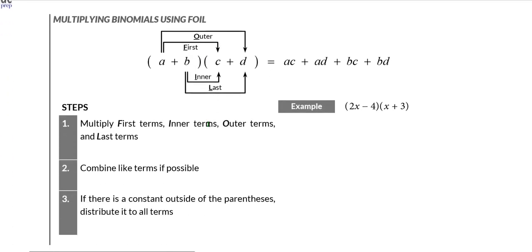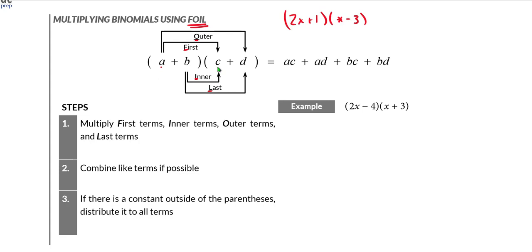So how do we multiply binomials? A binomial is just something made up of two terms that are added or subtracted, like a lot of the stuff that we've been dealing with, 2x plus 1 and x minus 3, that's two binomials. When we want to multiply two binomials, we use a process that we know as FOIL. FOIL stands for first, outer, inner, last, and that acronym tells us what we have to multiply at each step.